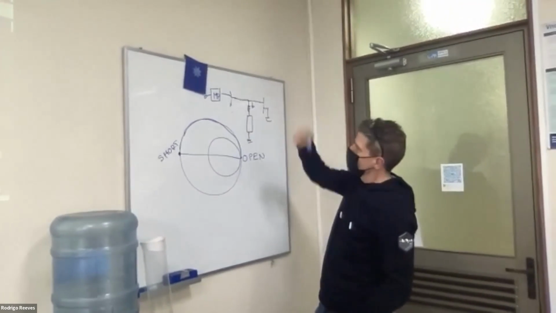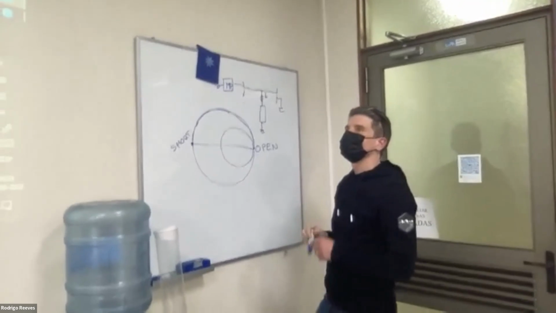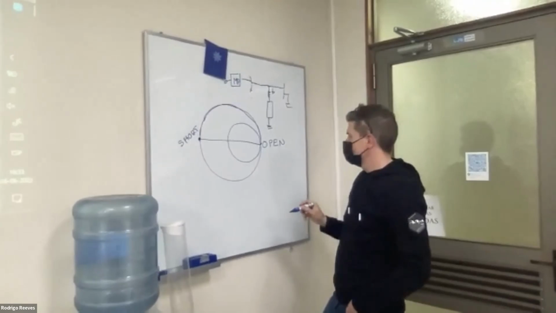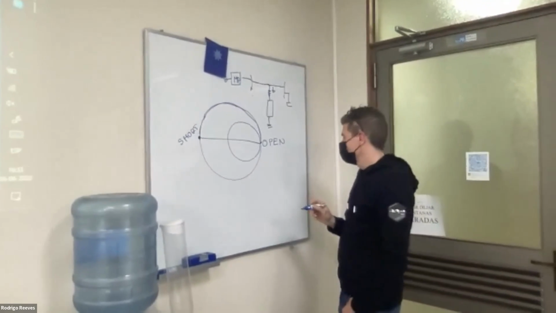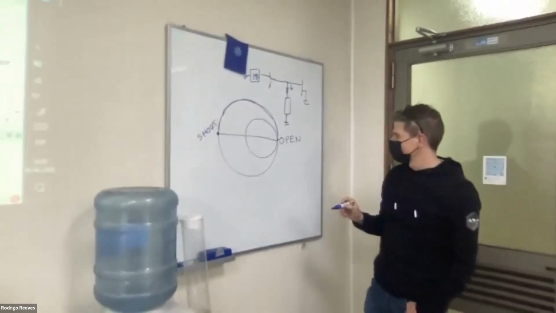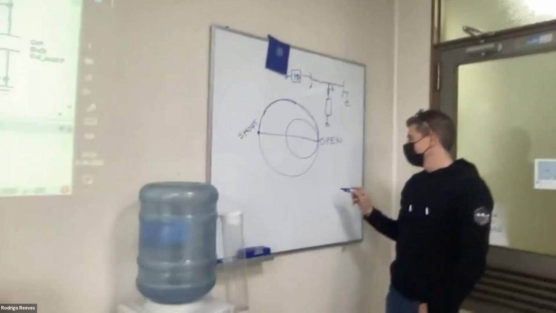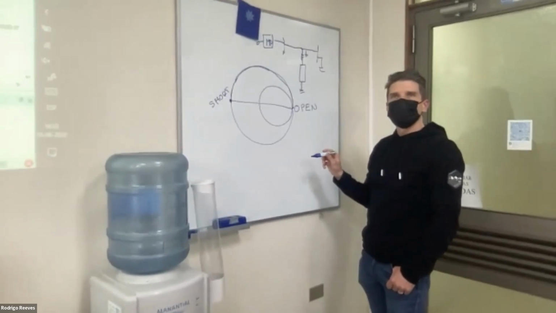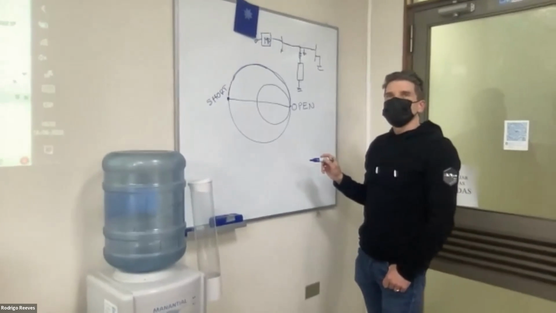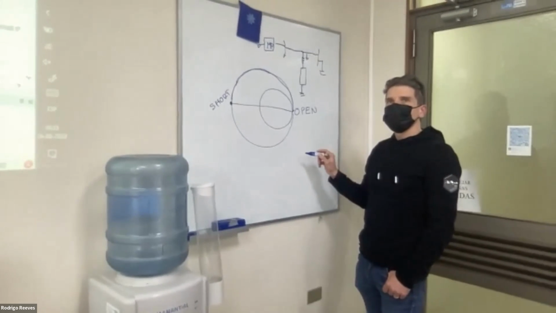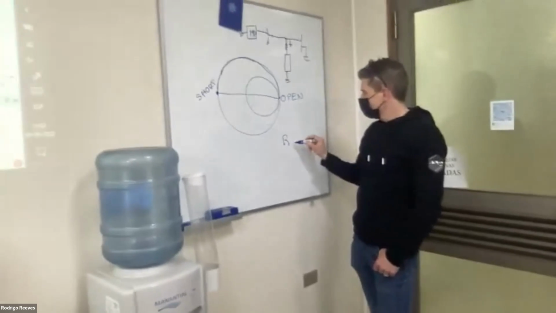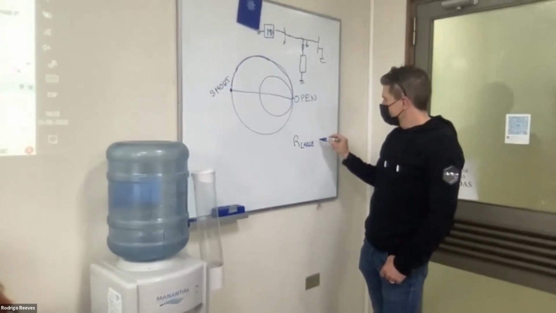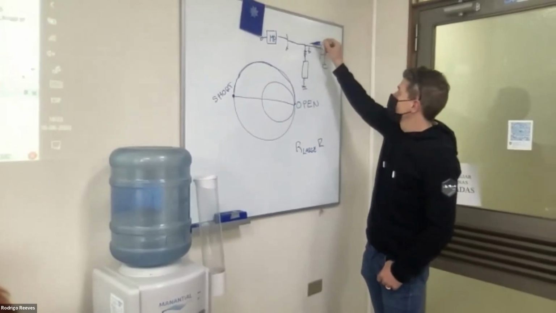Another way of calculating it, I guess, is a parallel resistance. Now we are in the danger zone because I don't remember all the basic equations. We have two resistors in parallel. Is it R1 times R2 divided by R1 plus R2? This is R large, this is R small, right?